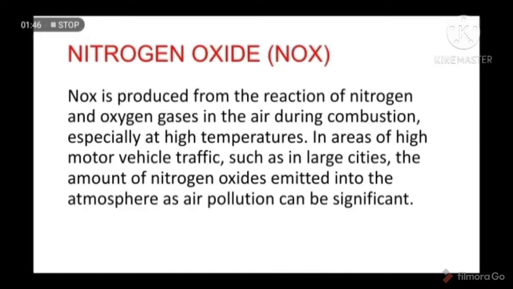NOx gases react to form smog and acid rain, as well as being central to the formation of fine particulate matter and ground level ozone. Both are associated with adverse health effects.